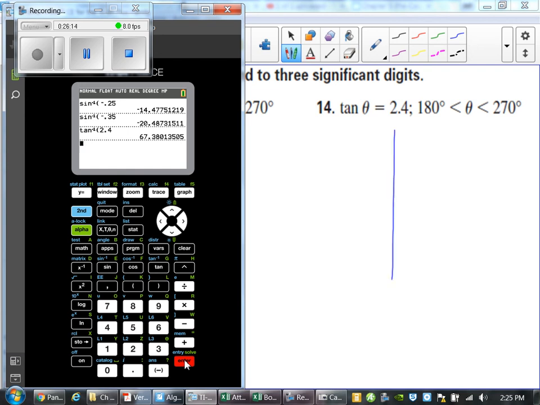Well, it starts where? If I have to go to the third quadrant, what do I do? Add 180. And what'd you get? 247.38.